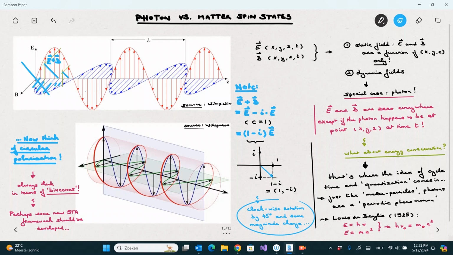We know that the magnitude of the magnetic field vector, when you take natural time and distance units, is the same as that of the electric field vector, but its phase has a delay of 90 degrees, so it's perpendicular. The magnetic field vector is perpendicular to the electric field vector.